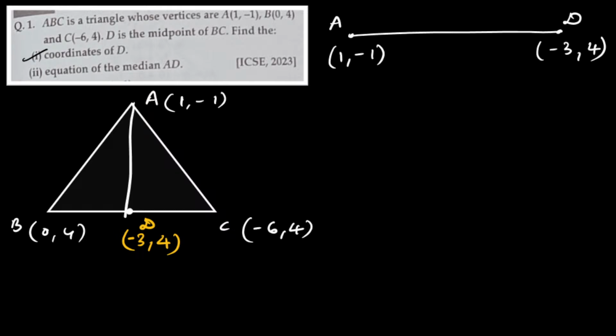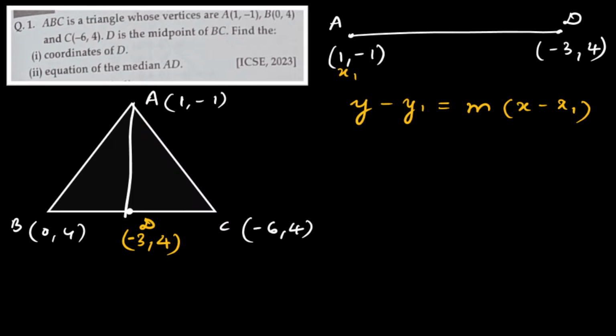Whenever we know the coordinates, for the equation we have to use the point form. The point form of the equation is y minus y1 is equals to m into x minus x1.